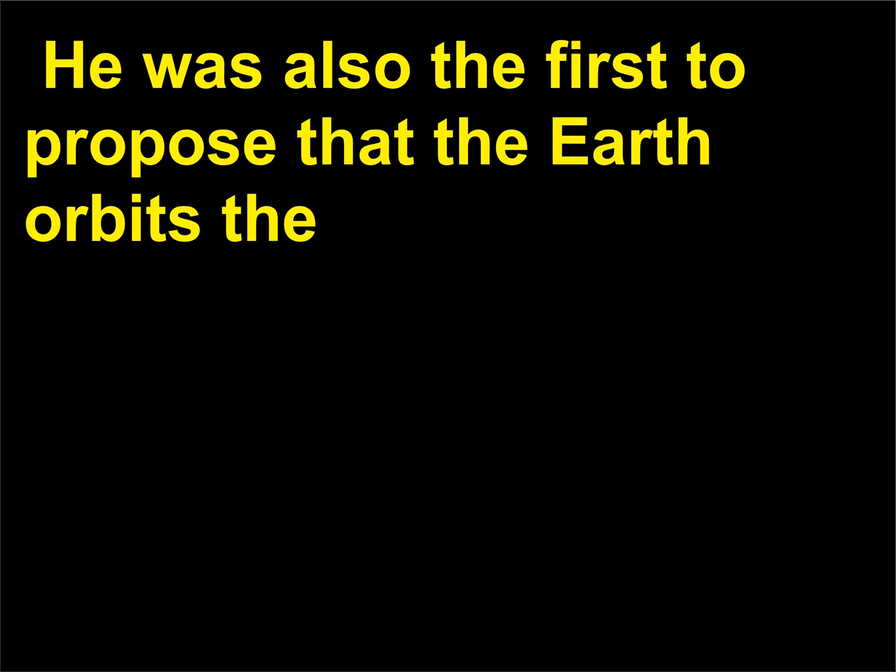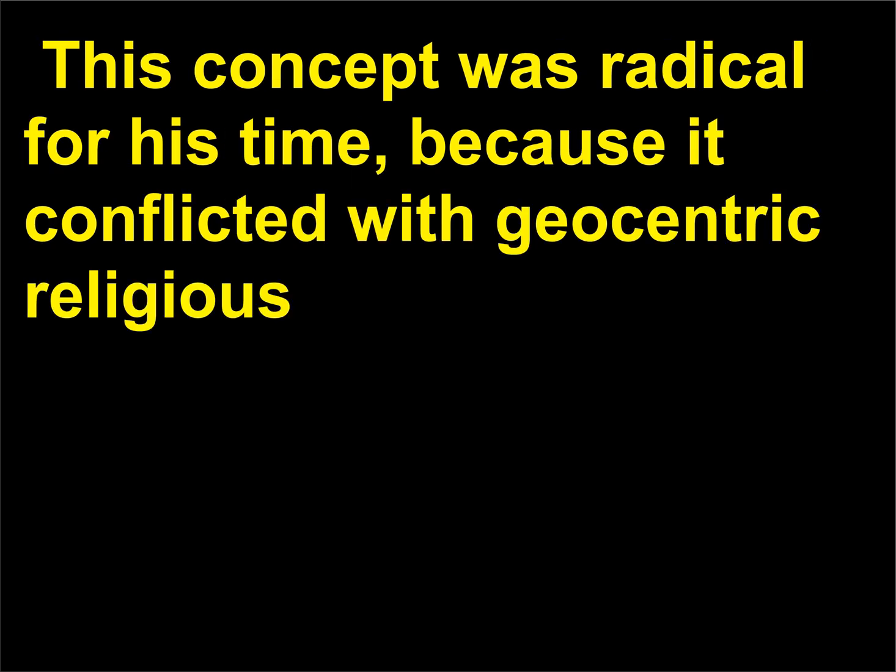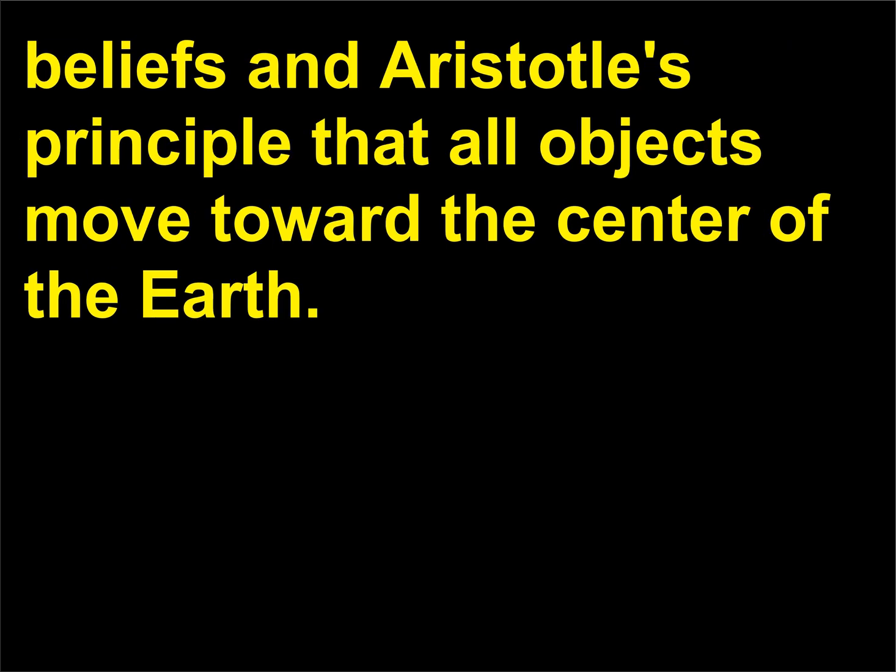He was also the first to propose that the Earth orbits the Sun many centuries before Nicolaus Copernicus, see below. This concept was radical for his time, because it conflicted with geocentric religious beliefs and Aristotle's principle that all objects move toward the center of the Earth.